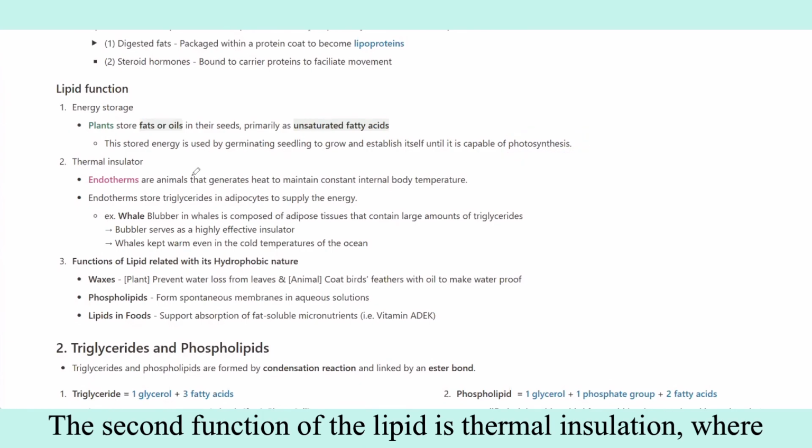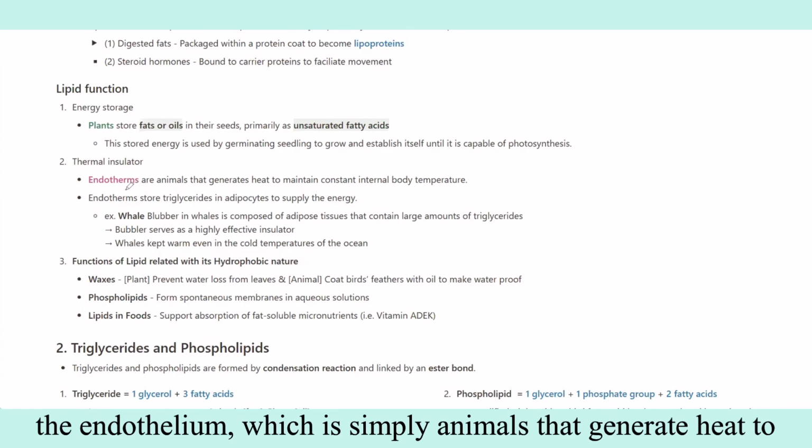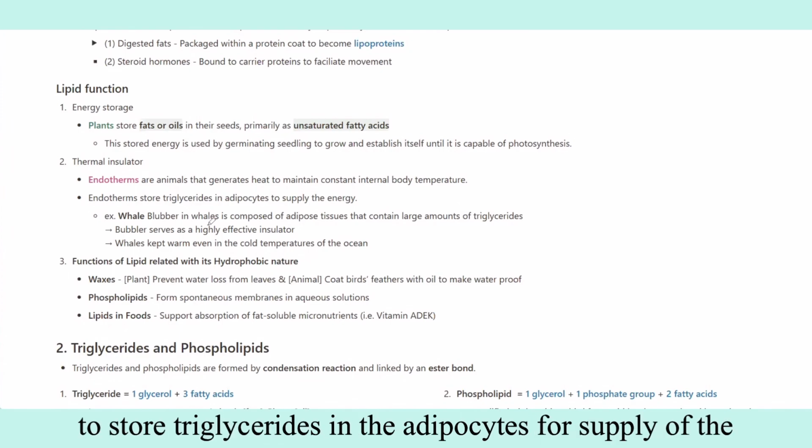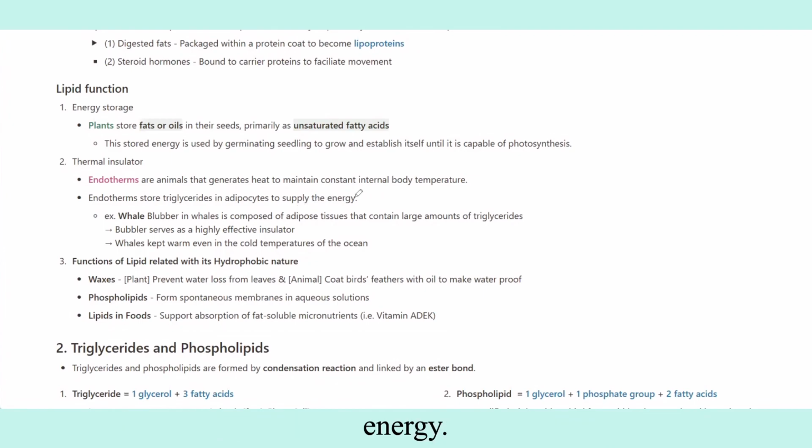The second function of lipid is thermal insulation, where endotherms, which are simply animals that generate heat to maintain a constant internal body temperature, store triglycerides in the adipocytes for supply of energy.